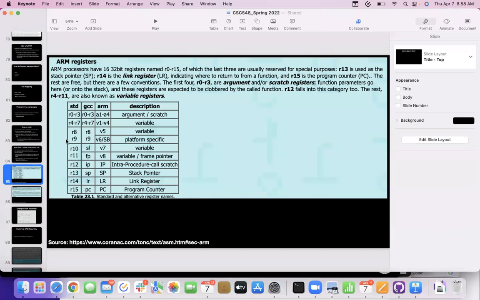R8, R9, same thing. Again, we're dealing with conventions here up until we get to R13. So R0 through R12, this is just a, hey, it's probably a good idea to use those registers for these because that's what the operating systems assumed when they were written, and what the compilers kind of take into consideration.